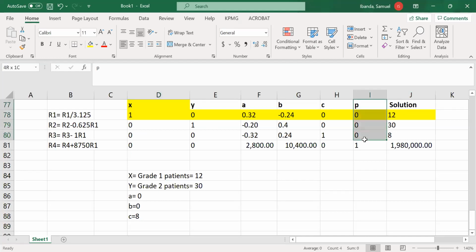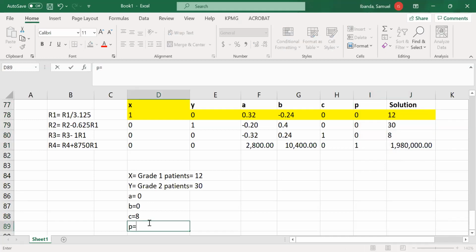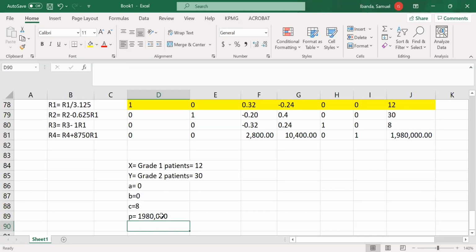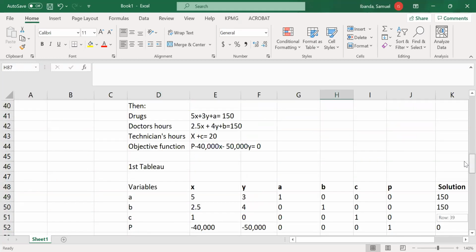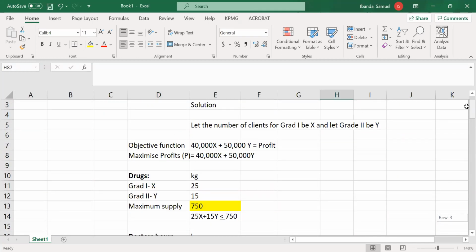Then P, when you do P and get here, P is 1,980,000. Now what was P? P was the maximum. Remember, P was the profit that maximizes, the weekly maximum profit.